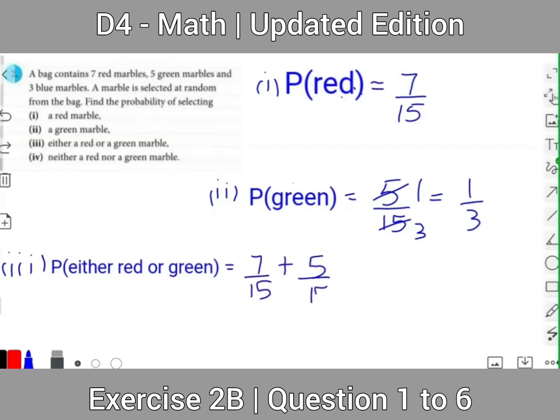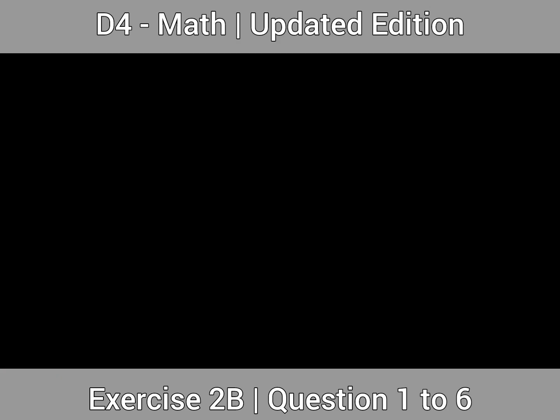And we will get 7 add 5 over 15. And after adding 7 and 5, we will get 12 over 15. And it will be simplified to 4 over 5. So the probability that the marble is either green or red will be equal to 4 over 5.